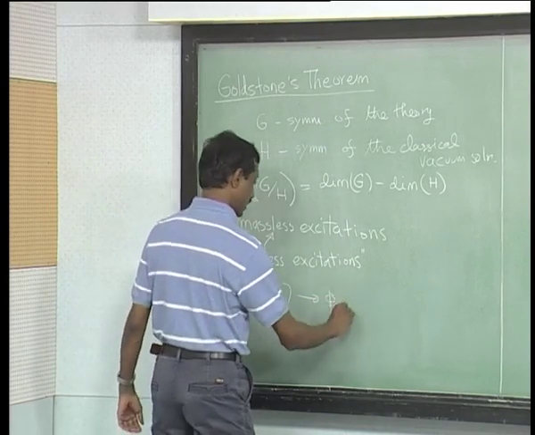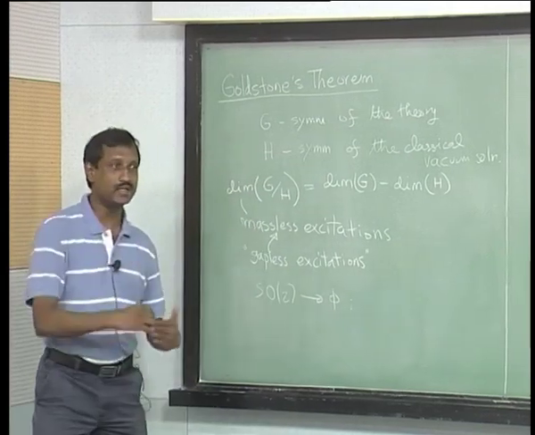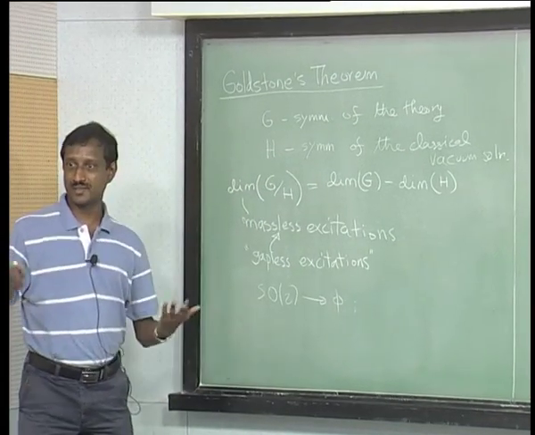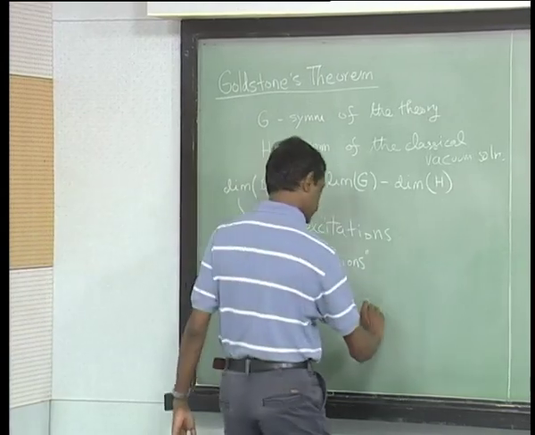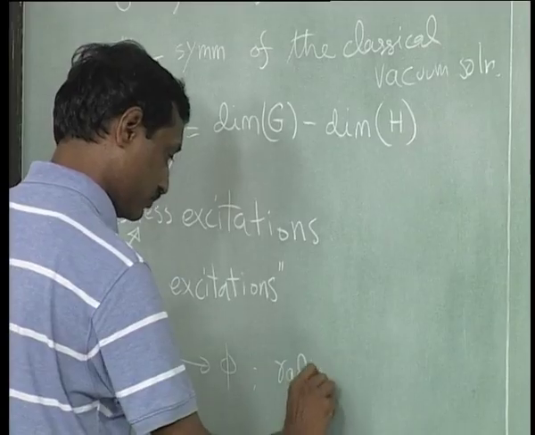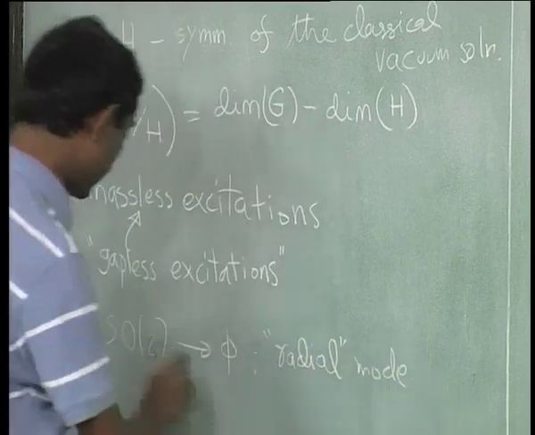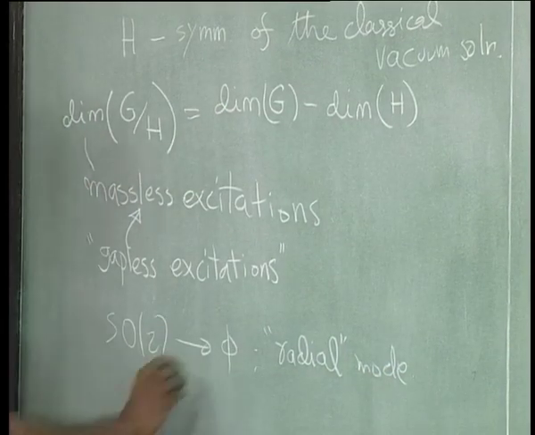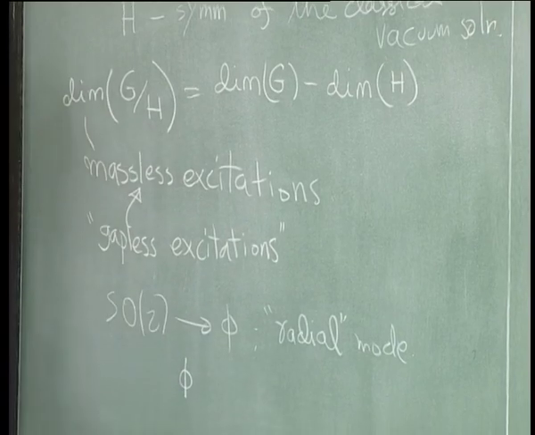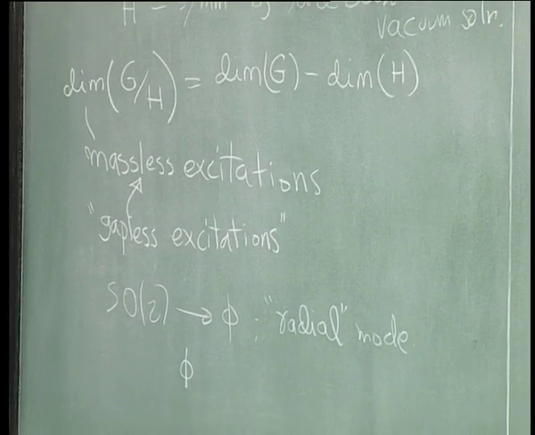We saw that there was the radial mode which had a mass. What I have in mind when I am calling it radial is that I think of phi, the field; there were two scalar fields.